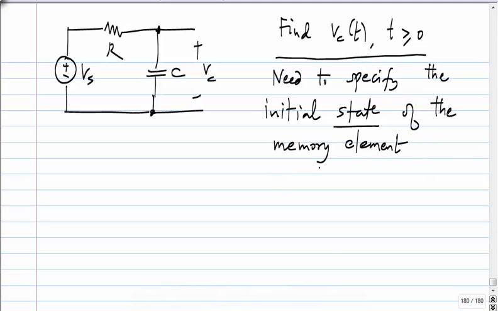And what is the state of a capacitor? What will you specify? The voltage across it. Actually, it is a charge, but we deal with only voltages and currents, and we know that voltage is linearly related to charge. So, its voltage, because this is what depends on the history, right? The voltage of a capacitor depends on all the current that has flown in the past. So, if you specify at let us say t equal to 0, you do not have to worry about what happened in the past.